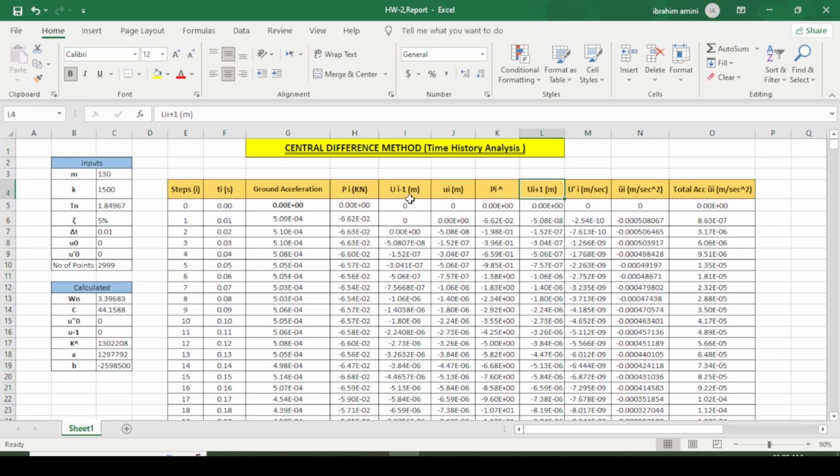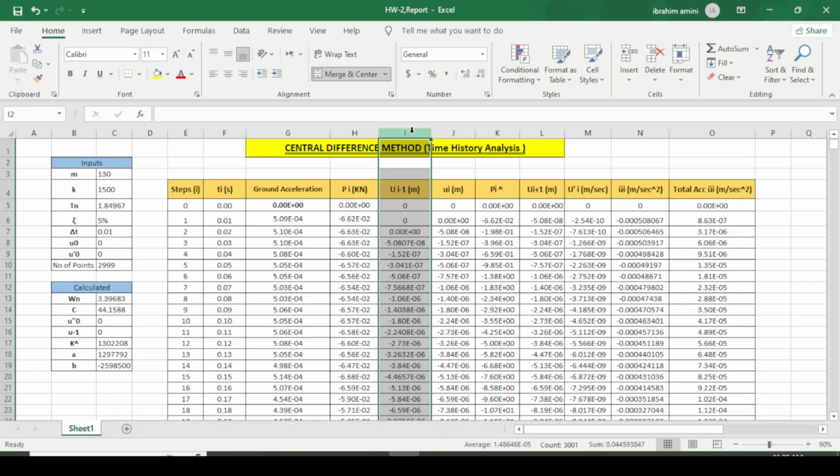This is the displacement one step below the normal, which is U i minus 1, and this is the normal. I hope you understand. It is the normal displacement U i, and this is one step above, U i plus 1, and this is one step below the normal, which is U i minus 1.